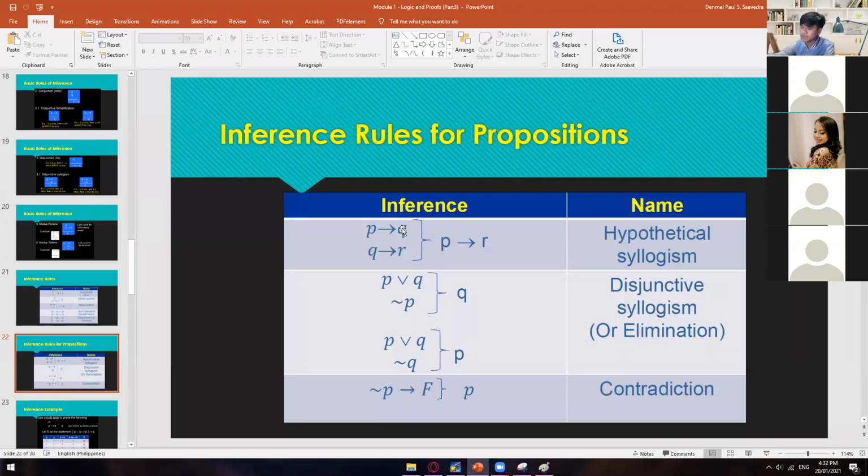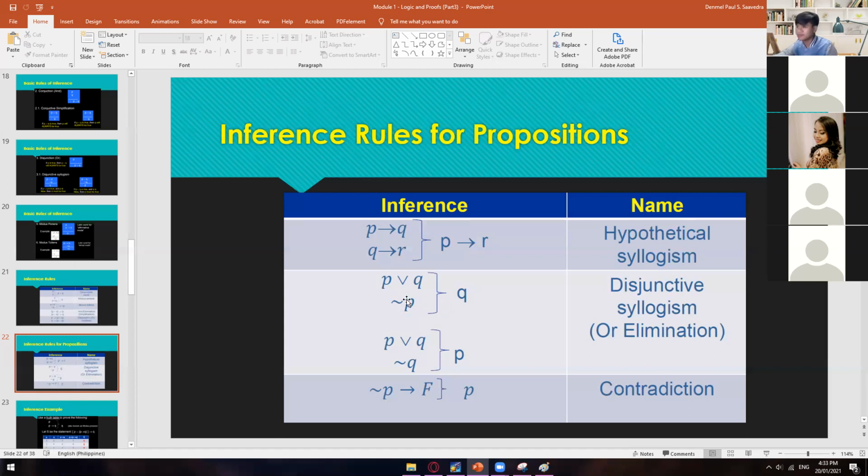From conclusion to hypothesis, you could say that this one is equivalent to P conditional R. So instead of jumping to another conclusion, we just take the first hypothesis and come up with the final conclusion. So just memorize this one. We call this hypothetical syllogism.